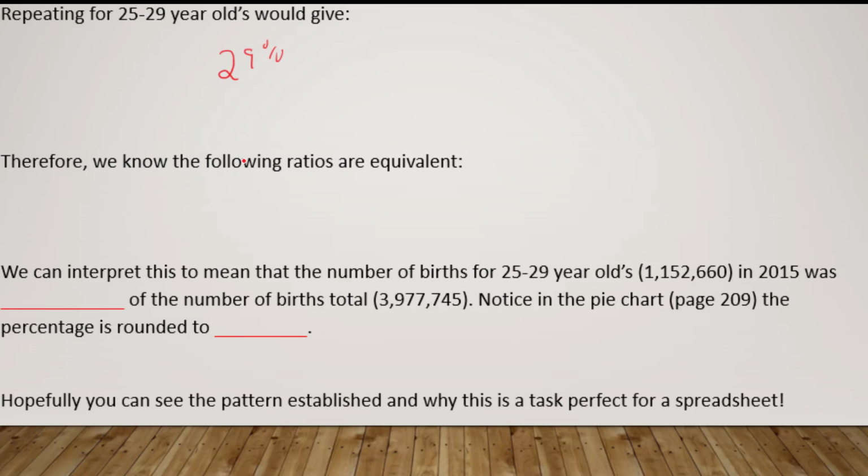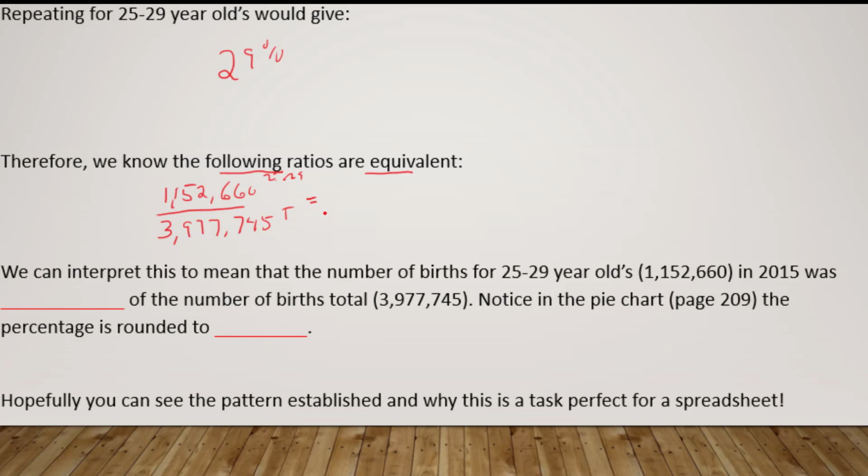So I just want to talk a little bit about equivalency, right? There were 1,152,660 births attributed to 25 to 29-year-olds out of a total of 3,977,745 total births. So that's total, and that's 25 to 29.